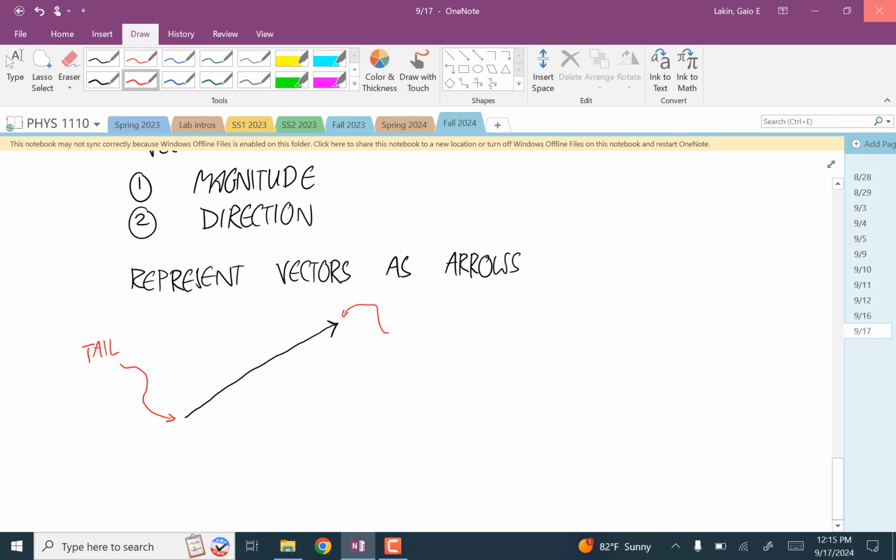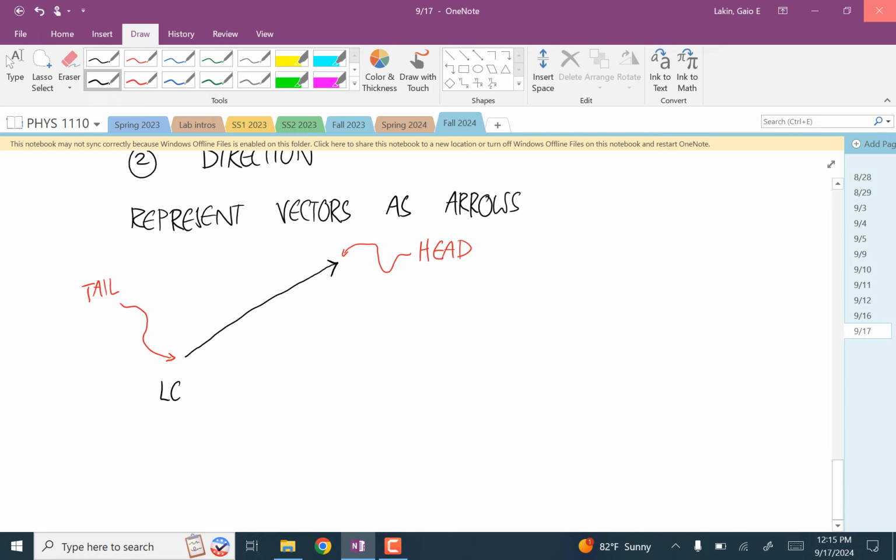And the end with a point is going to be called the head. The length of the vector is the magnitude. And I think the direction is pretty self-explanatory. It's just the direction that that arrow is pointing. Okay.